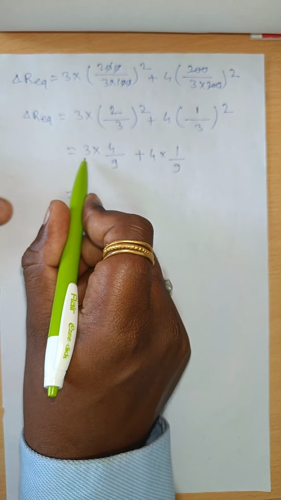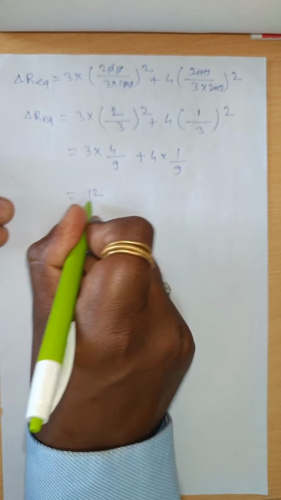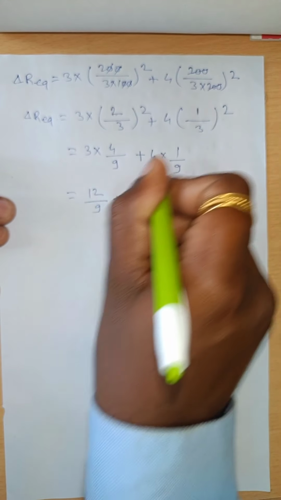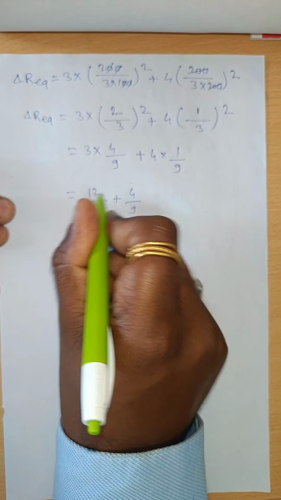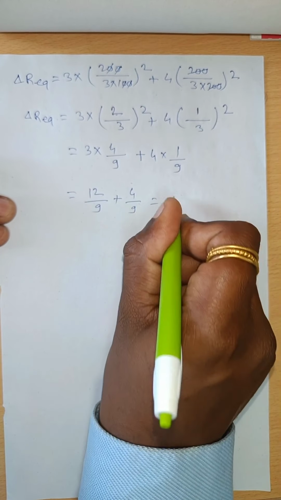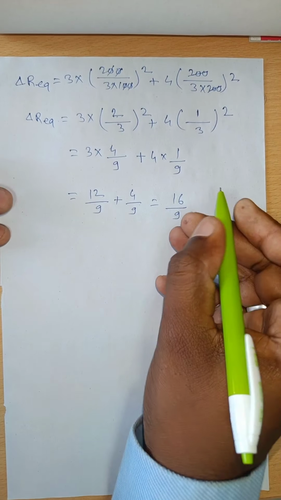So 3 into 4 is 12 by 9 plus 4 by 9, which is equal to 16 by 9.